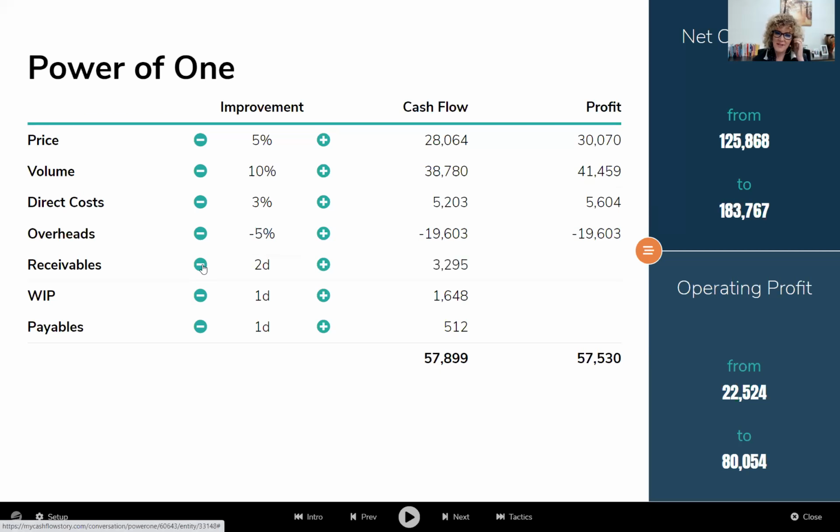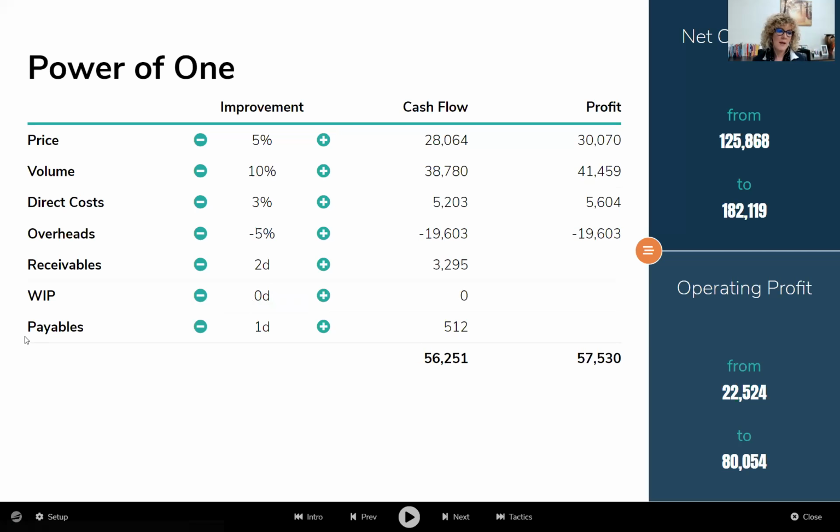That's another conversation, basically. But you can see just a 2-day improvement will bring in $3,295 for this business. Work in progress, same deal. I might say to you, look, if you've got stock, do you think you could get it out quicker, by 1 day? Is it 2 days? Is it 5 days? But at this point, I'm just going to leave that at 0.